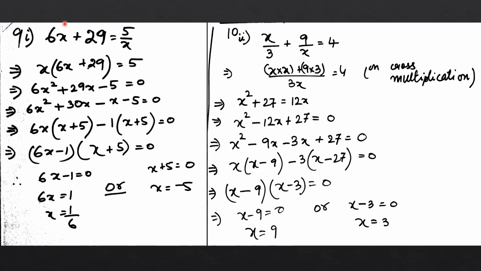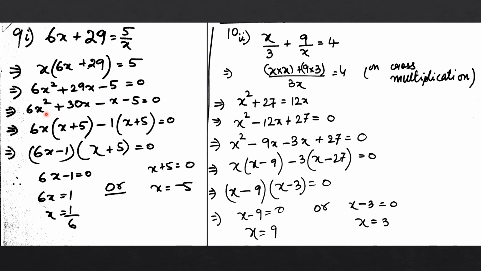Coming to question number 9, we have an equation like this: 6x plus 29 is equal to 5 by x. It is a very simple sum. We can just cross multiply. So x goes to the left hand side and gets multiplied to 6x plus 29, which comes up to 6x square plus 29x minus 5, which is equal to 0.